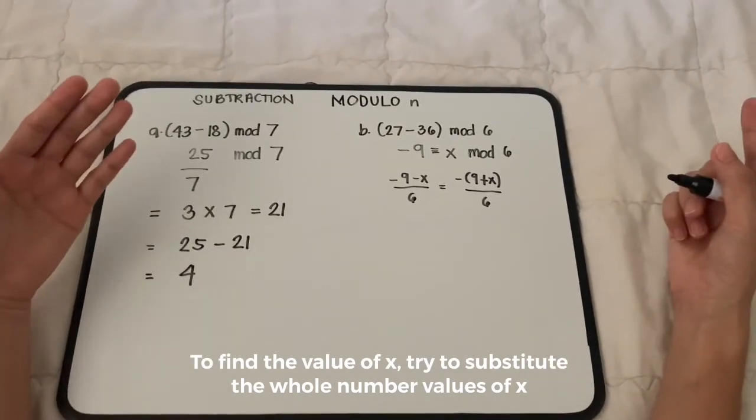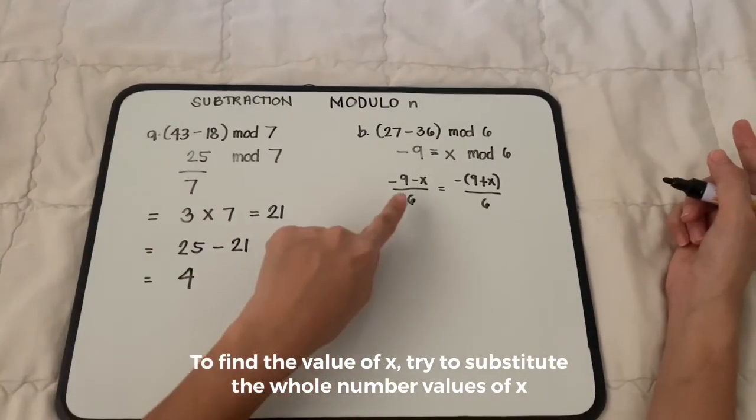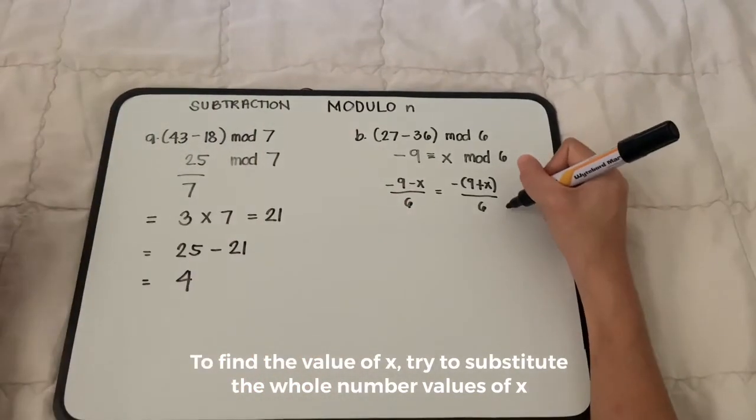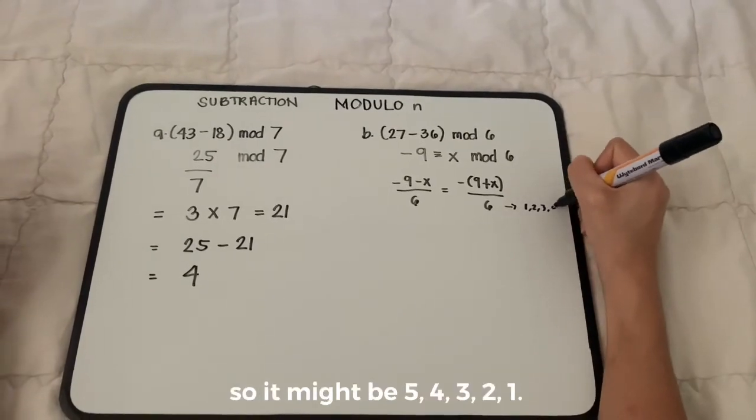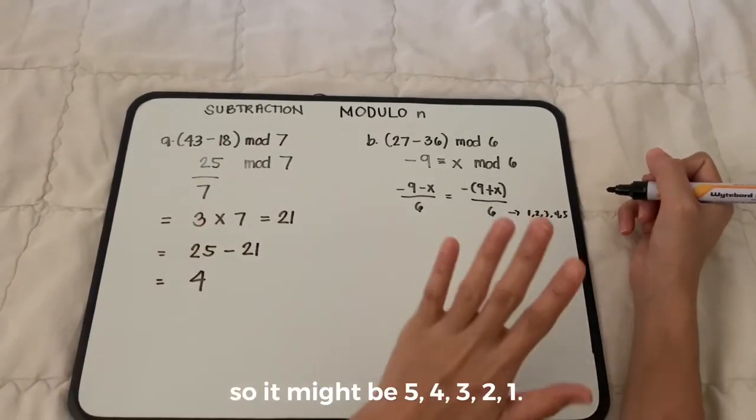To find the value of x, try to substitute the whole number values of x less than 6. So it might be 5, 4, 3, 2, 1.